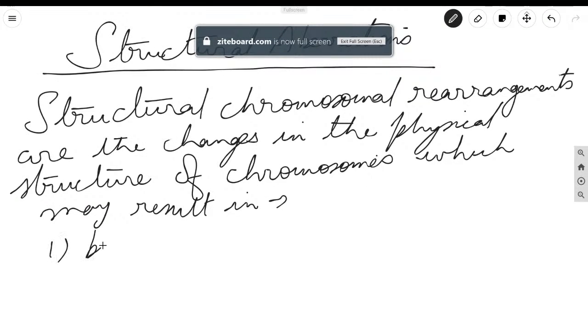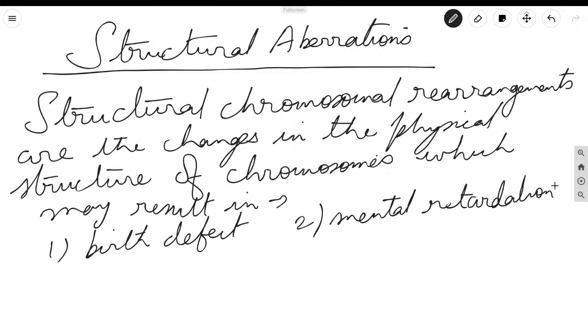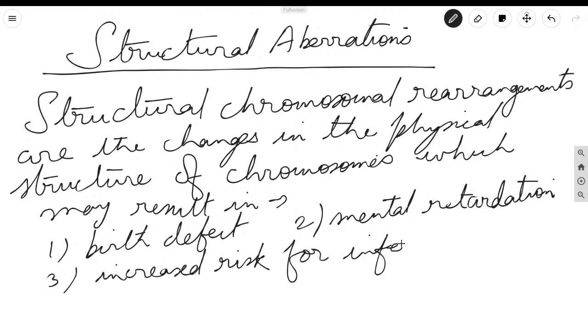You can say birth defect, then mental retardation, then you will be having increased risk for infertility, then loss of pregnancy. Anything can occur.